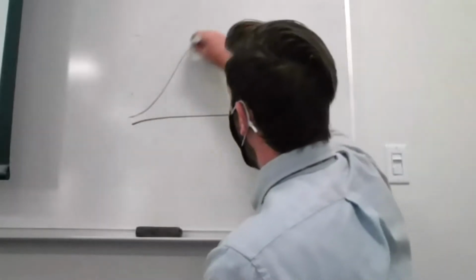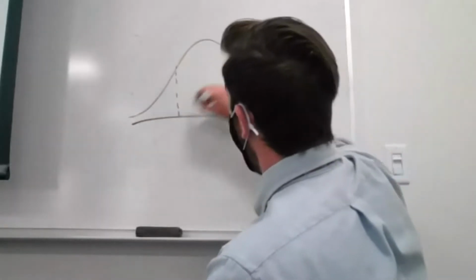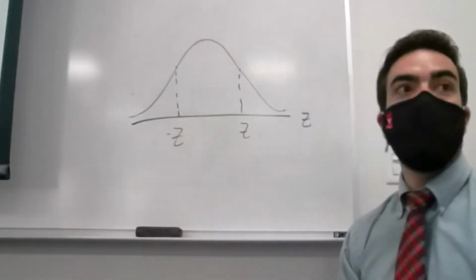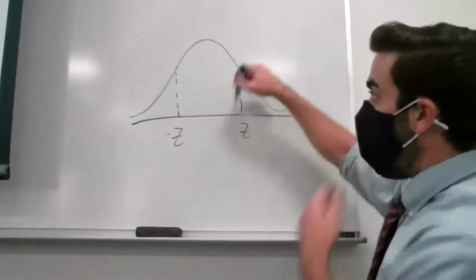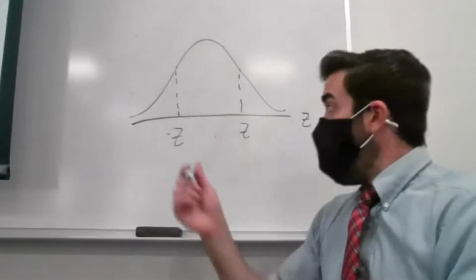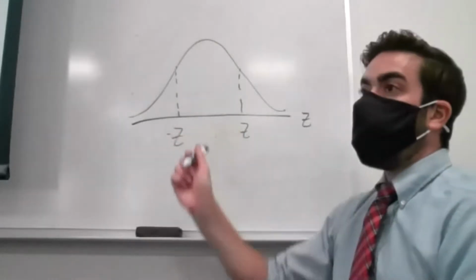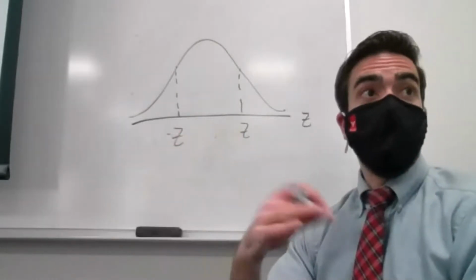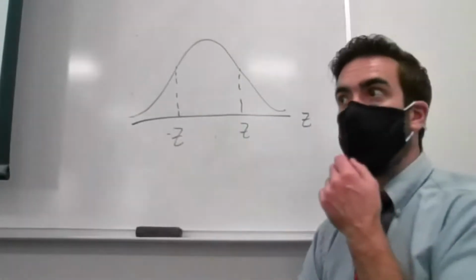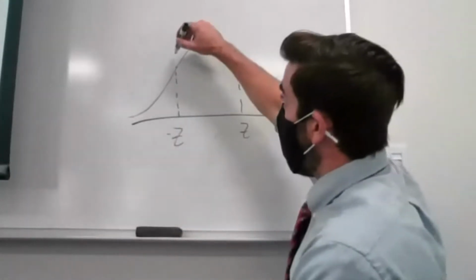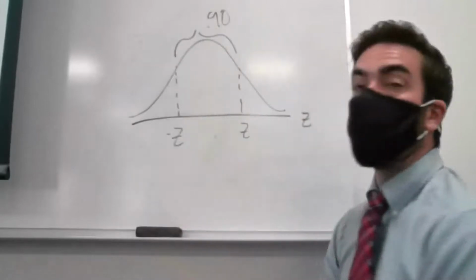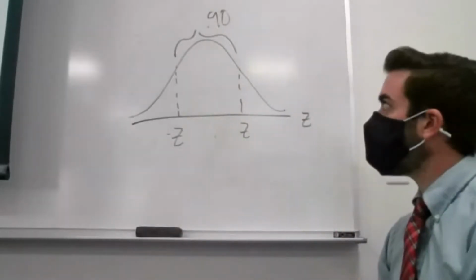What I'm really wanting eventually is to go a certain number of standard deviations above and below my sample mean, or my population mean. I want to go the same number of standard deviations above and below, so whatever the z-score is, the positive and the negative, in absolute value, would be the same. And I know that the probability I want in between those is 0.90, for the 90% level.